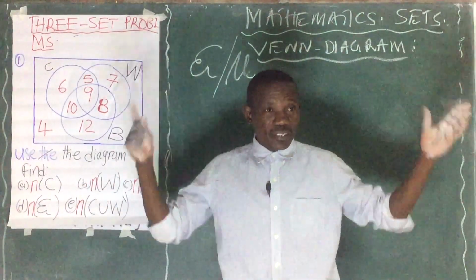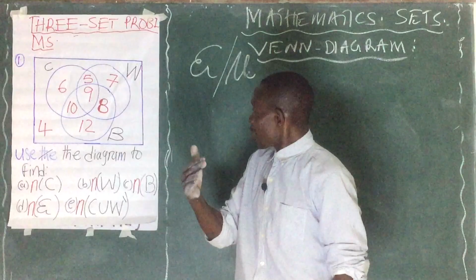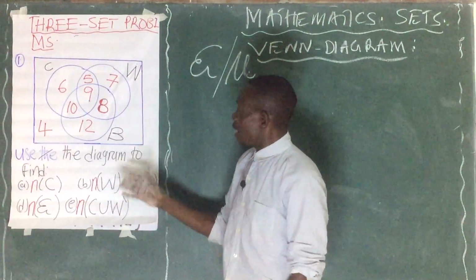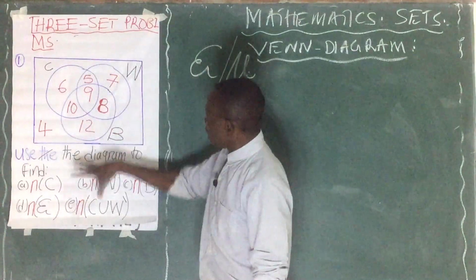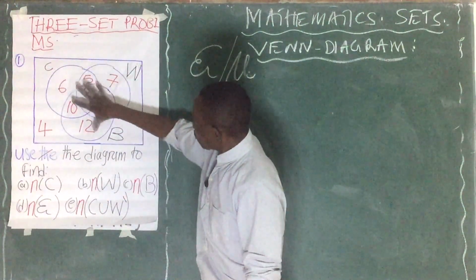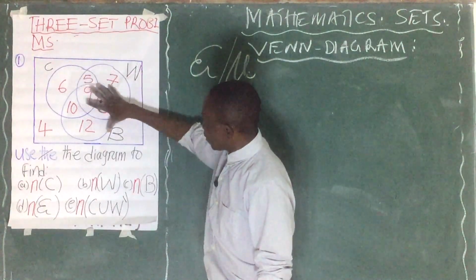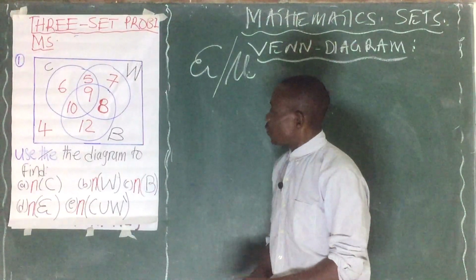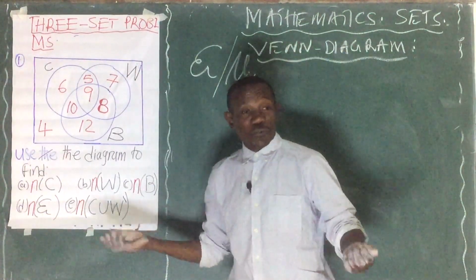You see, we talk of the same classroom. That same classroom is just like this one here, the universal set, but the students are categorized into main subsets. Roman Catholic, Seventh-day Adventist, and B representing another church, maybe Assemblies of God.